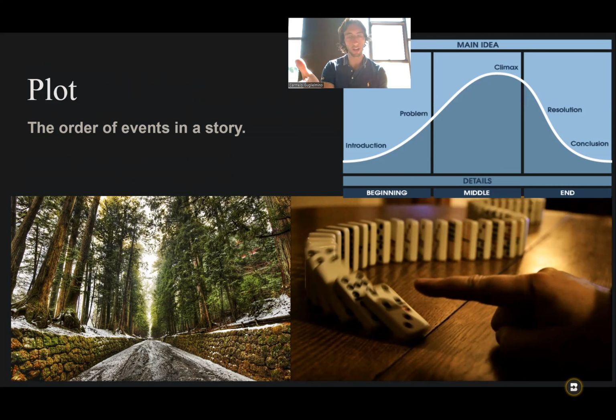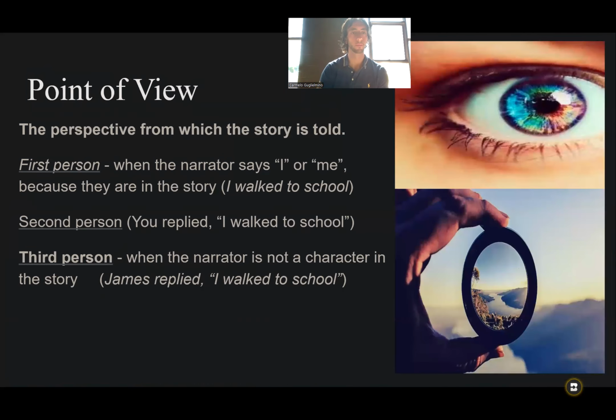But there's a basic plot structure, a plot map, if you want to go through that. We have the introduction, the main problem, the climax, the highest point of tension, the resolution, and the conclusion of the story. It's a basic way to map the plot. But you simply want to write down in your notes that a plot is just the order of events in the story. That works out totally fine.